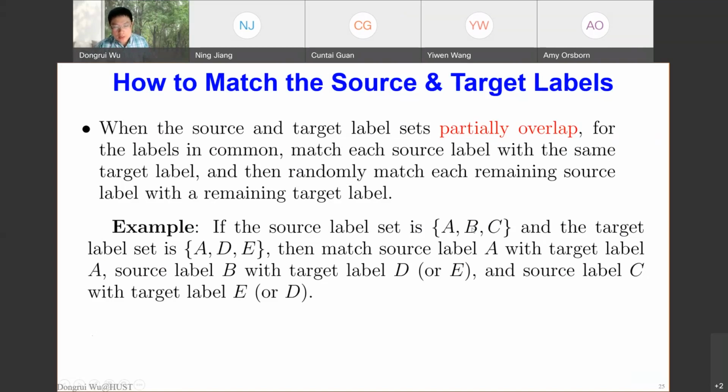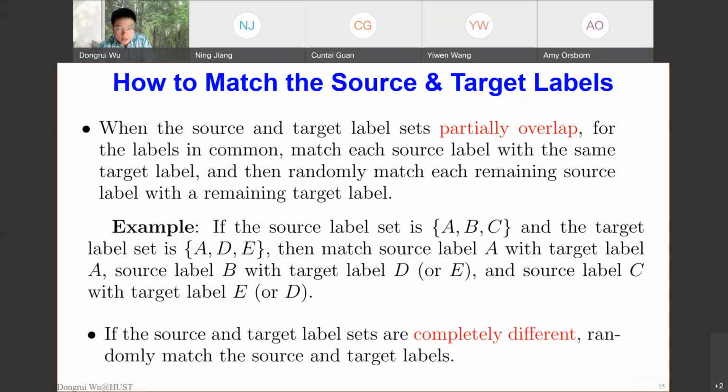And then we can match source label B with target label D and source label C with target label E. Of course, we can also switch D and E. It does not matter. At least our experiments show that. If the source and the target label sets are completely different, we can randomly match the source and the target labels. We can achieve similar results.